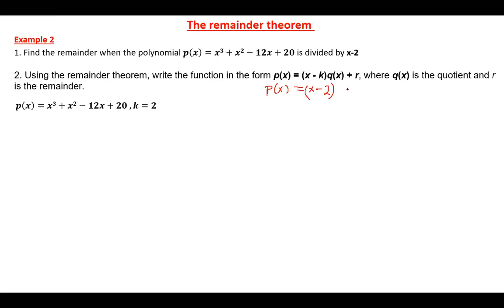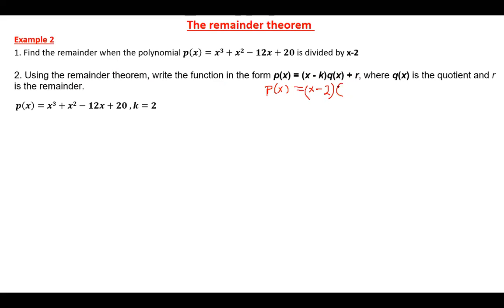So in short, this x minus 2 is a factor. They are saying, using the remainder theorem, right? Well, it's not really a factor, but it's something that when we multiply it with q(x), it's going to give us the remainder r.